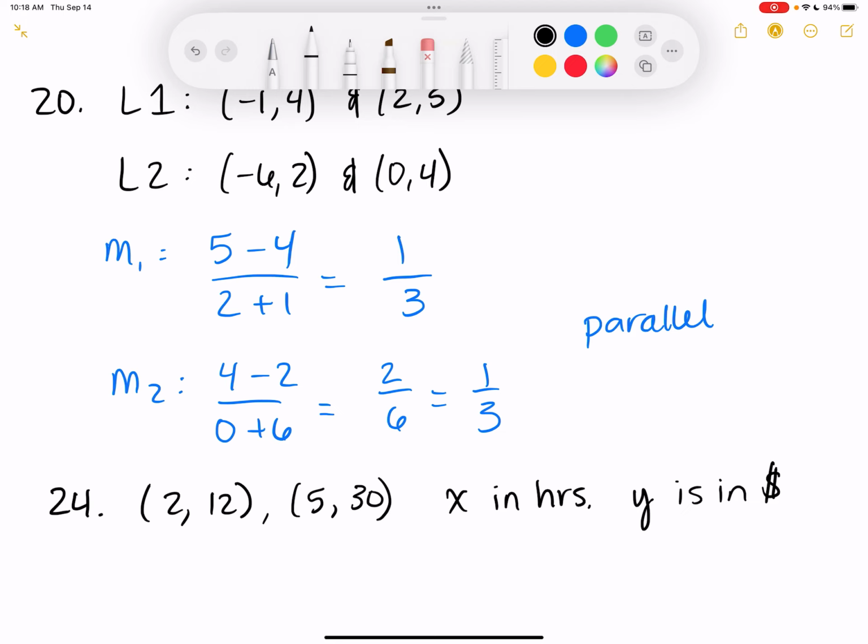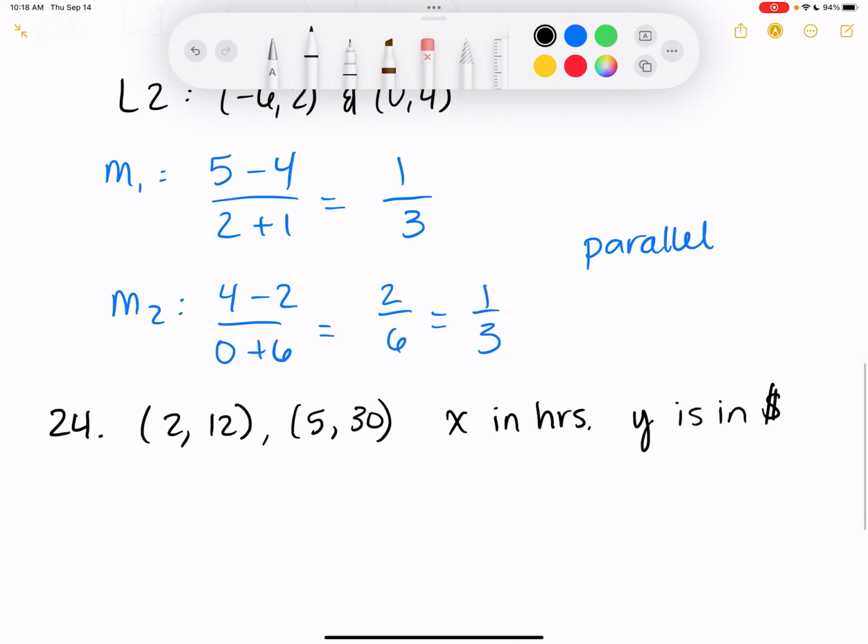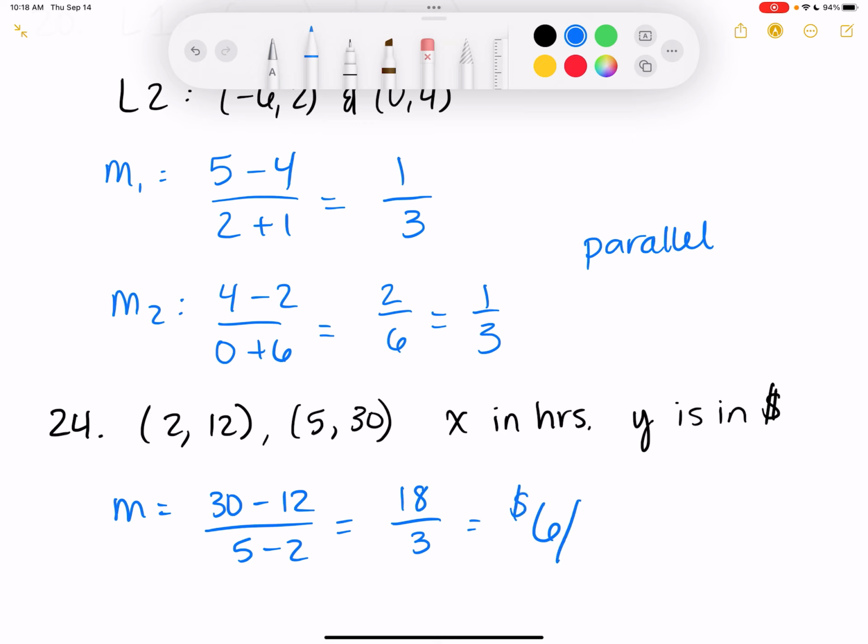And you've got to make sure you put units on this, okay? So M is equal to 30 minus 12 over 5 minus 2. So we've got, what is that, 18 over 3, which is 6. And what would my units be on this? Dollars per hour.